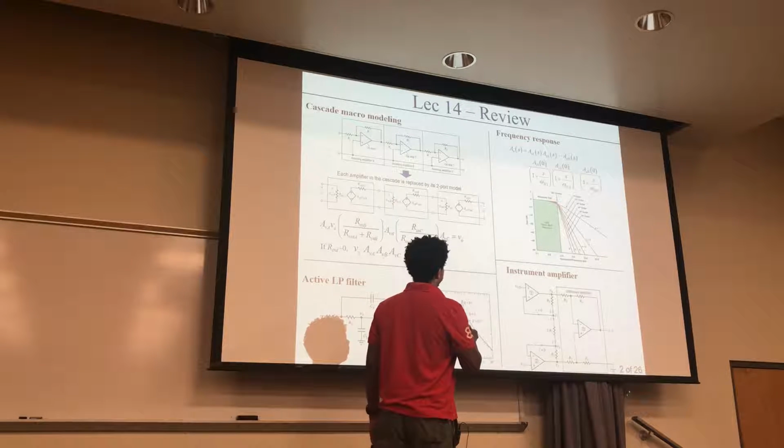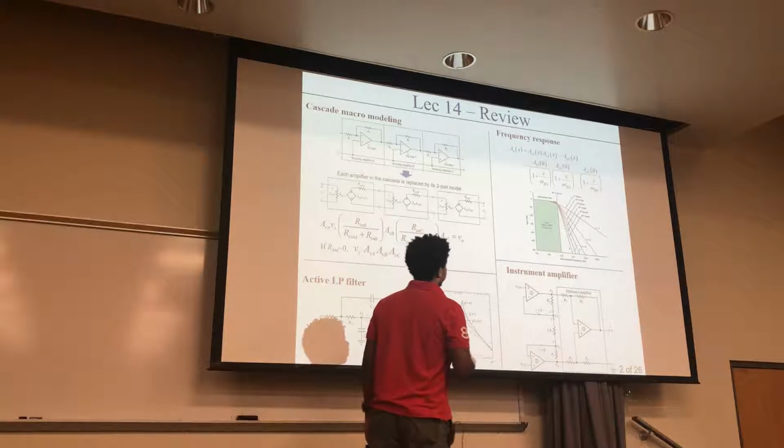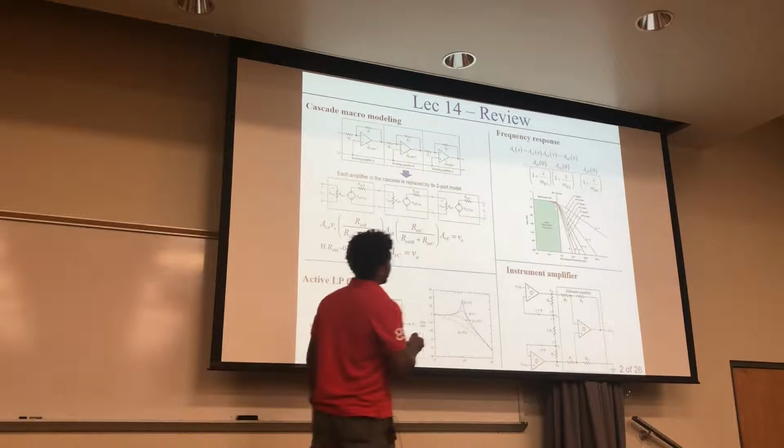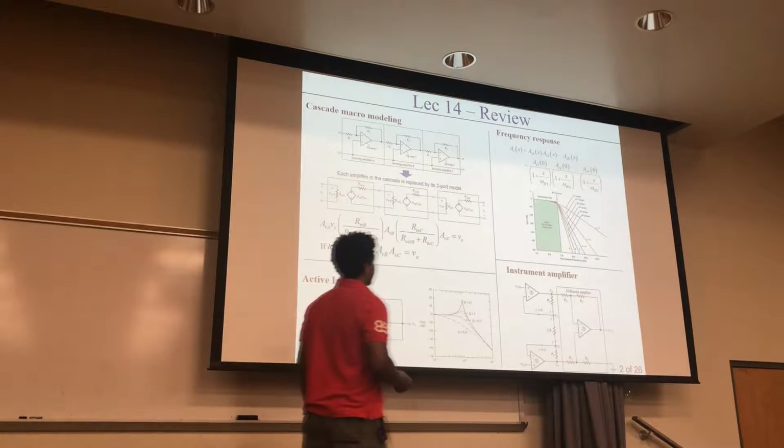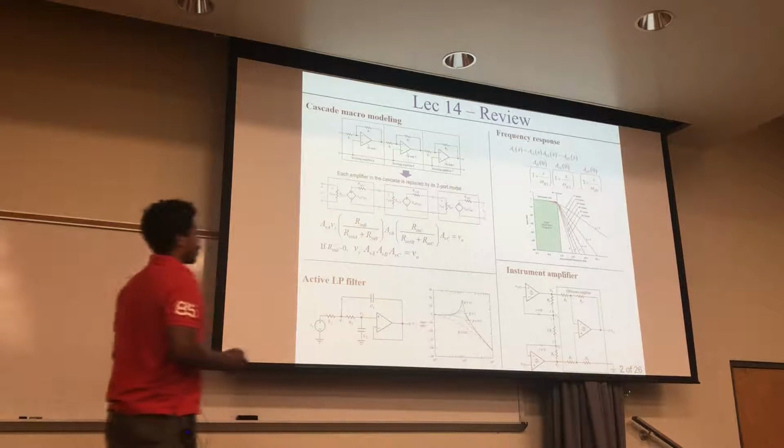Just the first one is 20 decibels per decade, having 2 you get 40, and 3 you have 60 decibels per decade. Increasing the order only changes the cutoff frequency slightly. Here's a brick wall ideal. That's what you're trying to get to, but of course it's hard to get there. We also looked at an instrument amplifier.